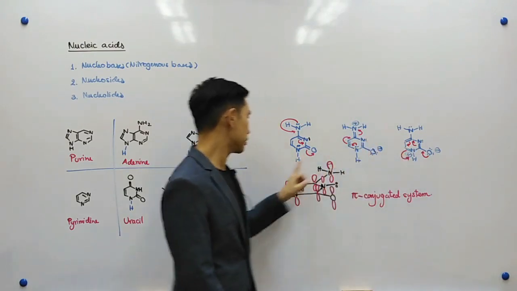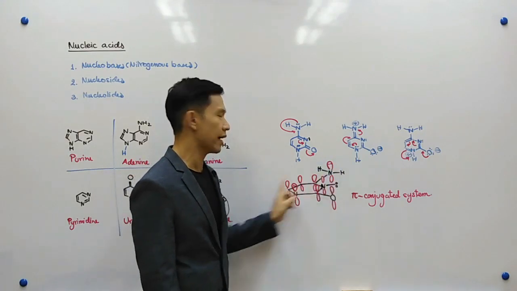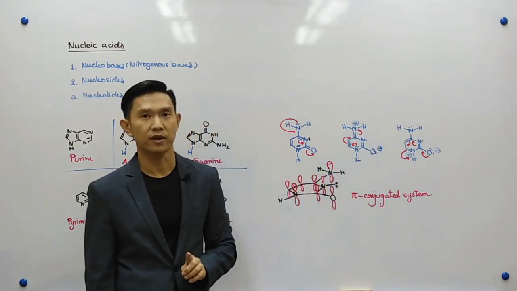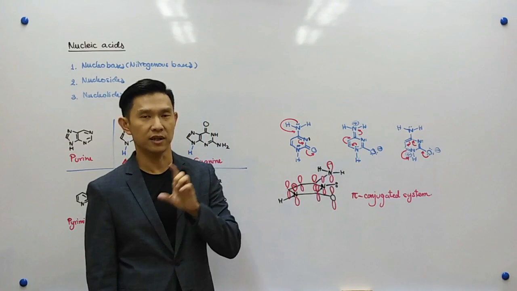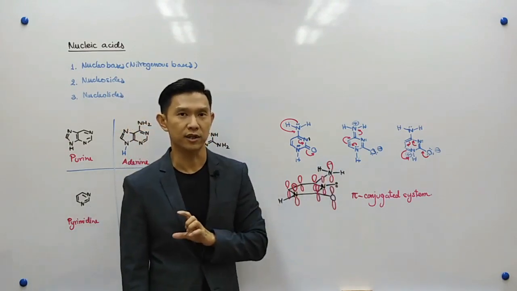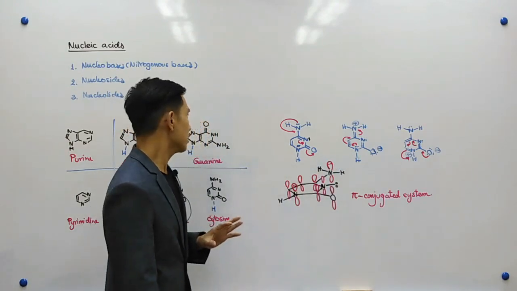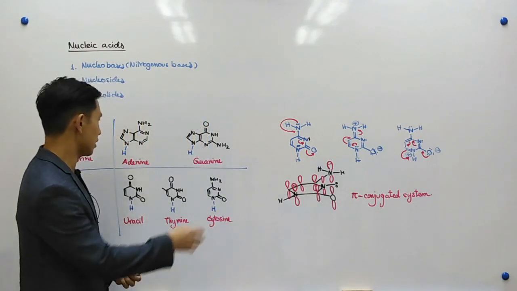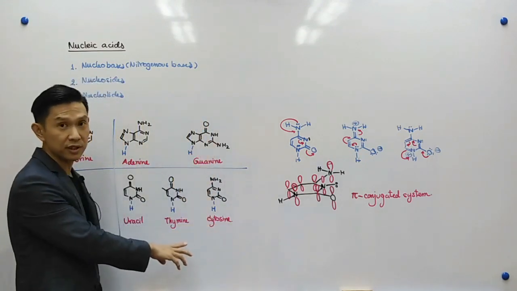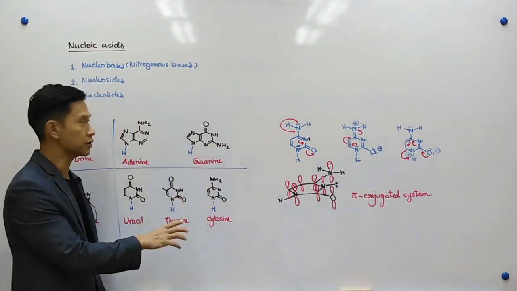This is why every atom over here has to be sp2, to let the electrons move along the pi conjugated system. Okay, so this is how cytosine, every atom over here, is sp2.